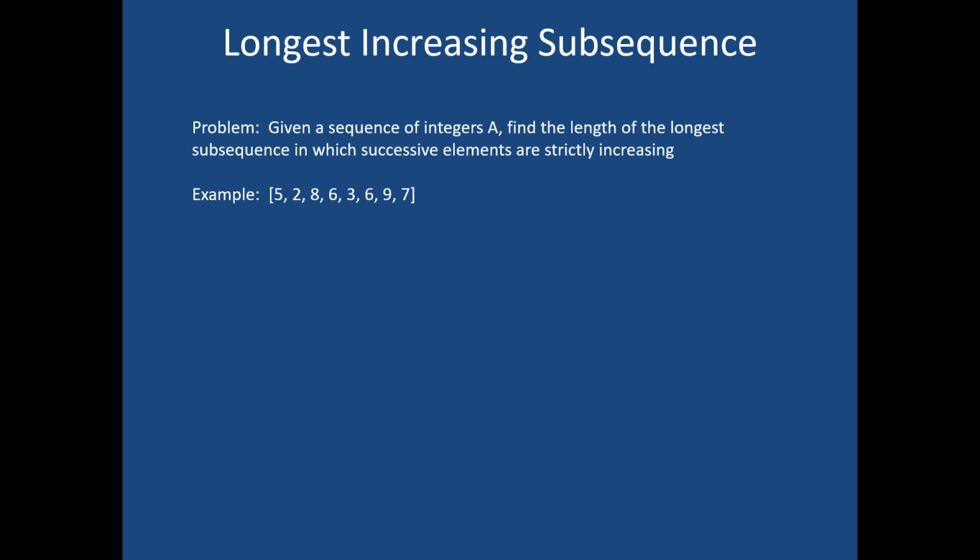If we threw everything except the 2 and the 7 away, we would have an increasing subsequence of length 2. Is there a subsequence of length 3? Like 2, 3, 6. Is there one of length 4? Yes, 2, 3, 6, 7, or 2, 3, 6, 9. And there's not one of length 5. So the answer is length 4.